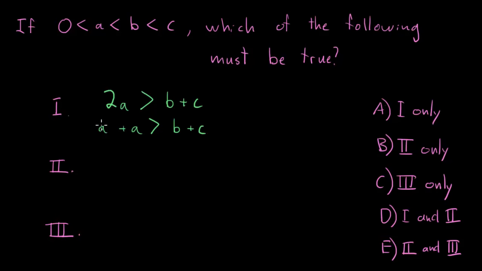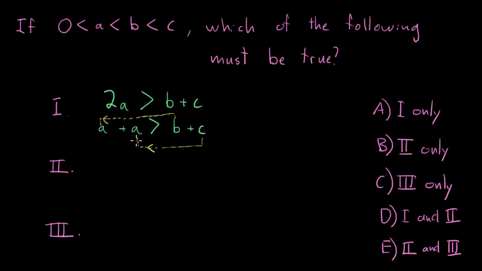We can say, this a here is definitely smaller than this b over here, right? A is smaller than b, and this a is smaller than this c, right? That's something else we know, is that a is smaller than c.